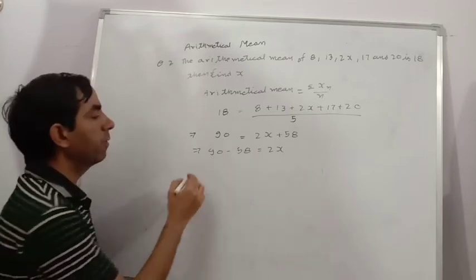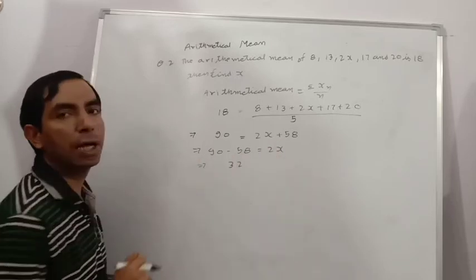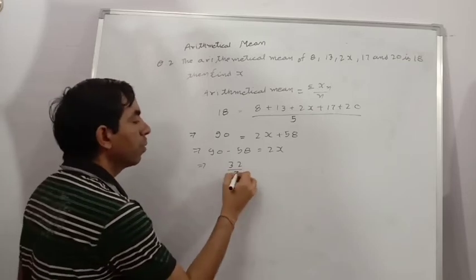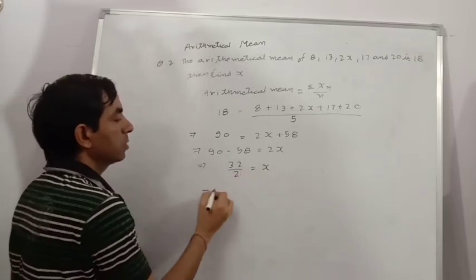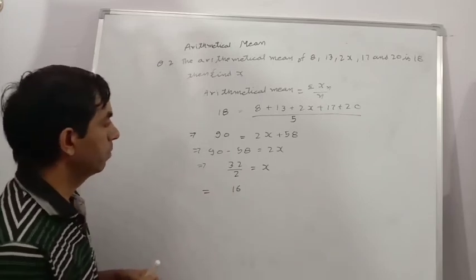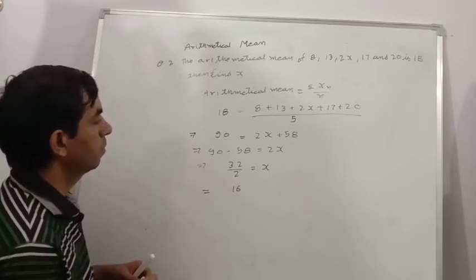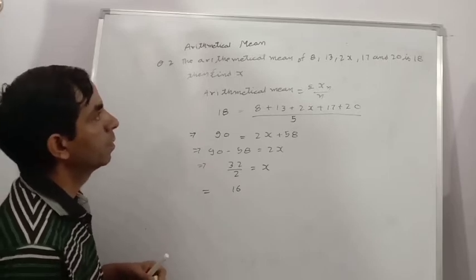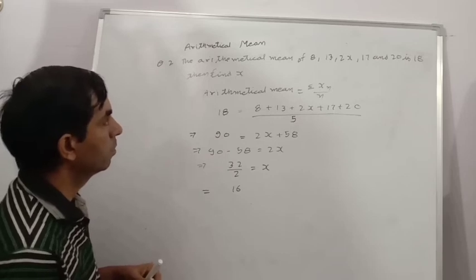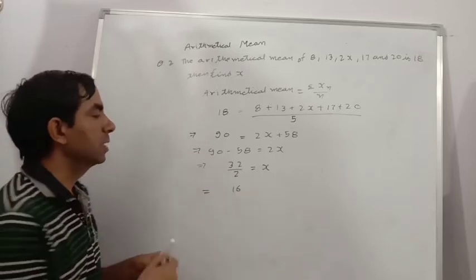Here 90 minus 58 is 32. 2 is multiplied, so it goes to the other side and becomes divide. So 32 upon 2, x equals 16. Means our value of x is 16.